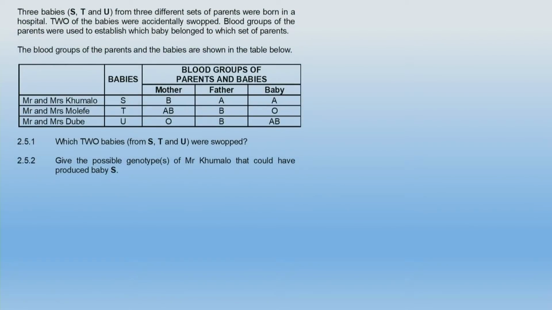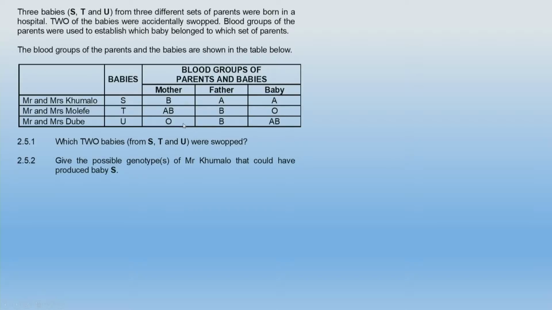Same in this case, which babies are swapped. If we look at this one, this is a baby, the mother and the father, and the baby is A. Seems right, because you can have the A from the father. In this case, the baby is O. It's not true. So this mother cannot have an O baby.